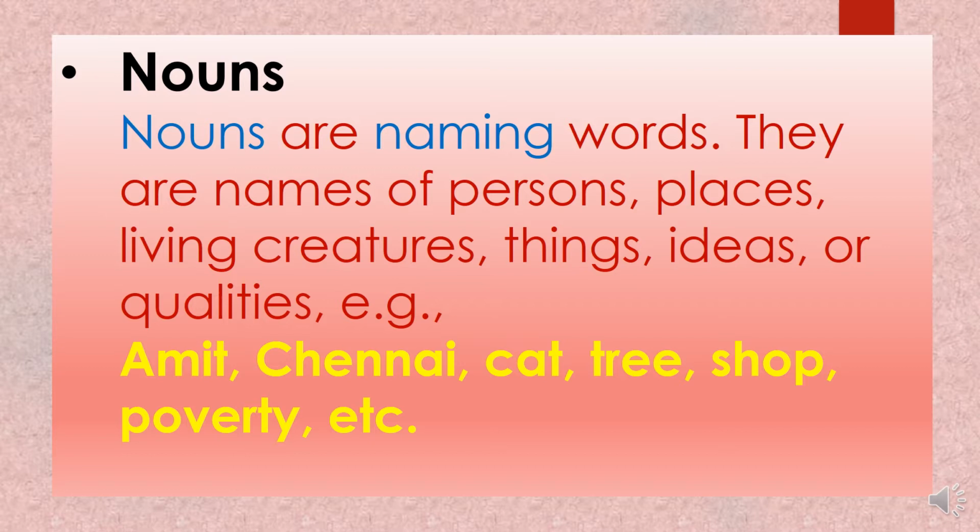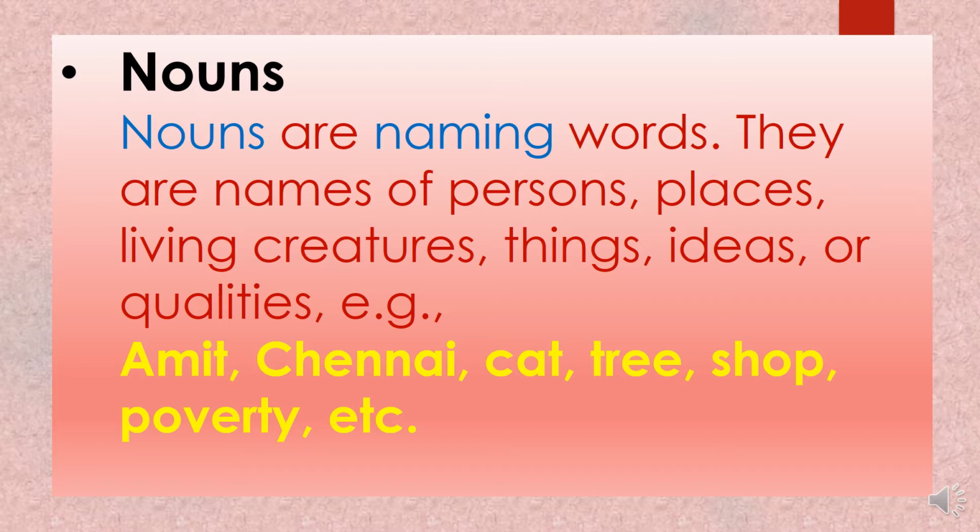See, for example, the name of a person, Amit; the name of a place, Chennai; the name of a living creature, cat, dog, frog; things, tree, book, mug, pen. Ideas, like poverty, happiness, are also nouns.